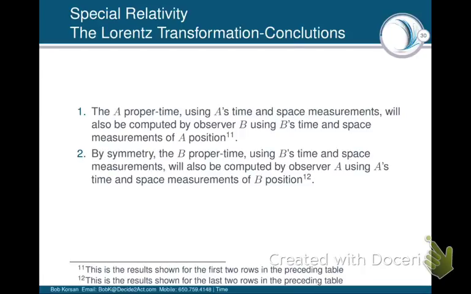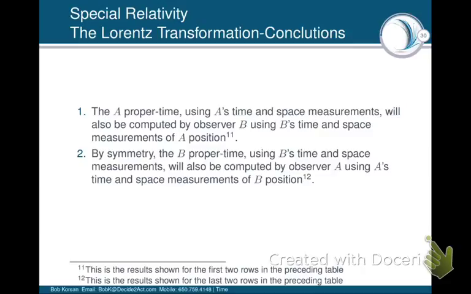A couple more conclusions. Alice's proper time, using Alice's time and the space measurements, will also be computed by any observer B using B's time and space measurements of A's position.